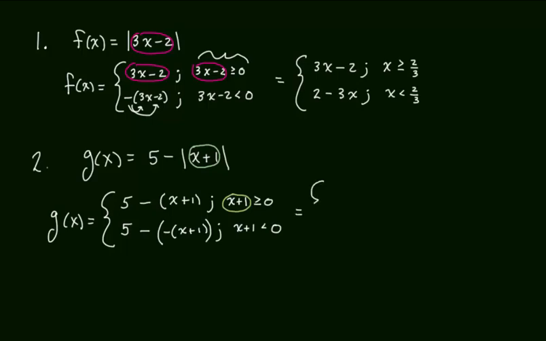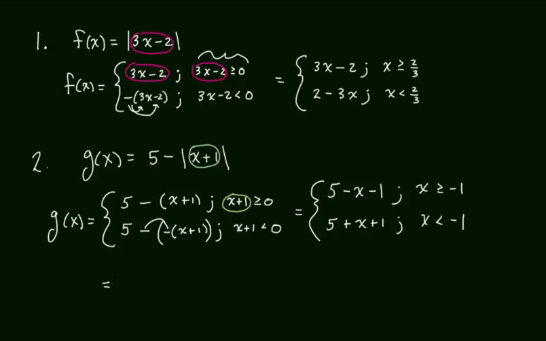Simplifying this, we have 5 minus x minus 1, I distributed. Here I'm going to solve the inequality, so that will be x is greater than or equal to negative 1. Okay, down below, the negatives will cancel out, so I'll have 5 plus x plus 1, provided that x is less than negative 1.